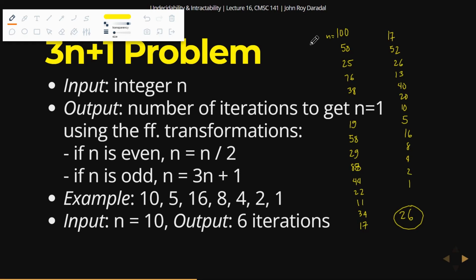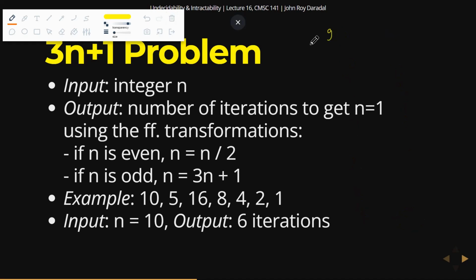So we really cannot predict if the pattern actually stops, right? What if it was 99, times 3 plus 1? What's 99 times 3? That's 297, right? 297 plus 1 is 298. Then 298 over 2 is 149.